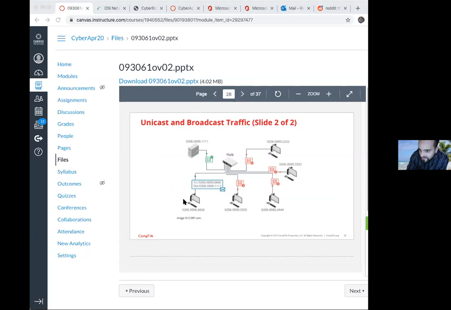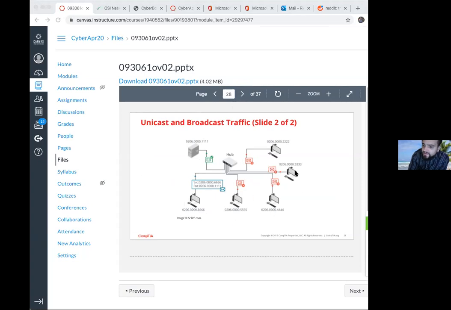So in this case, we have the server, and I guess he's sending something out. Wait, hold on. No, the source here. This is the source. They are trying to send something to this server.